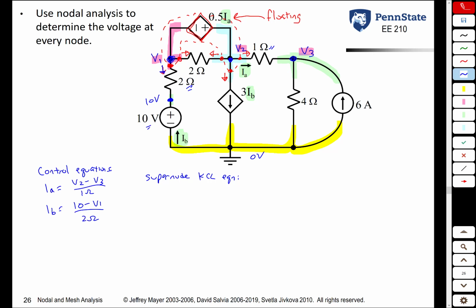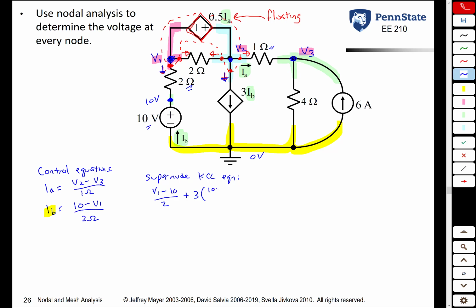So this current going down is the current through this 2 ohm resistor. In that direction, it's a voltage at the coming from point, that's V1 minus 10, over 2 ohms. Current in this direction is 3IB. So we get plus 3 times IB, but remember we do not want to have an IB variable, so instead we're going to substitute that using that expression there.